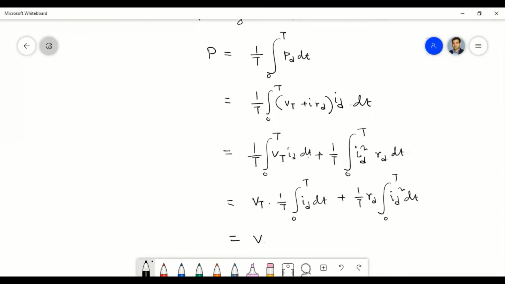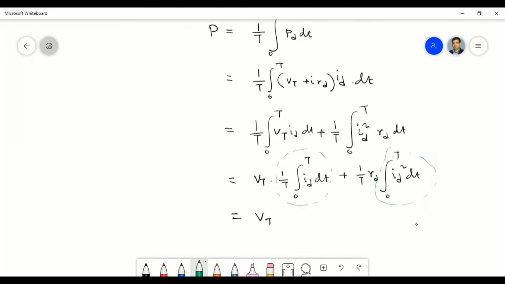What can we say about this? It is the average value of current, so we can write I average.